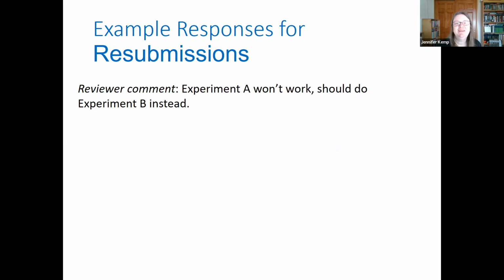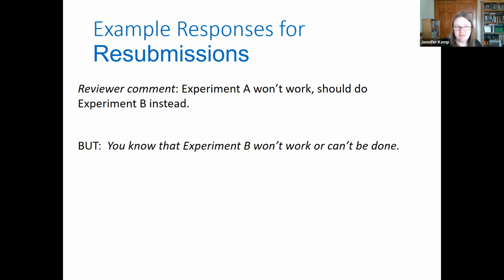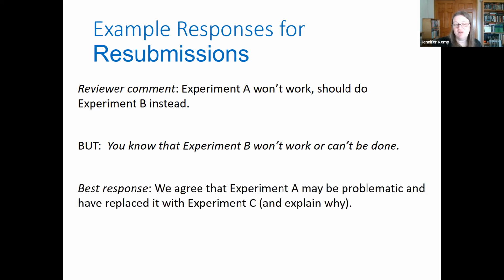All right, here's one. Experiment A won't work. You should do experiment B instead, because that'll work. A is just no good. But if you know that experiment B won't work and can't be done, and you think the reviewers are wrong, however, they think A won't work. So I think the best response in this case would be, we agree that experiment A may be problematic, and we've replaced it with experiment C. So you give your alternative that you know will work, and then you explain why.